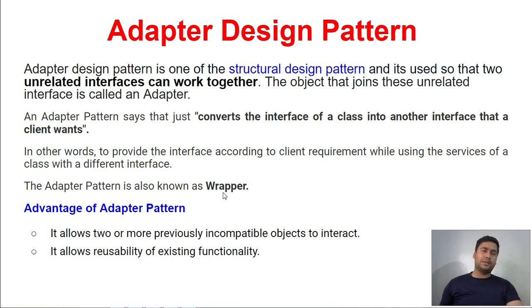I hope you know the wrapper classes like Integer, Long, Float, Double: for whatever primitive value types we have, there are corresponding wrapper classes, which start with capital letters. And what is the advantage of the adapter design pattern? The advantage is that it allows two or more previously incompatible objects to interact, and it allows reusability of existing functionality.